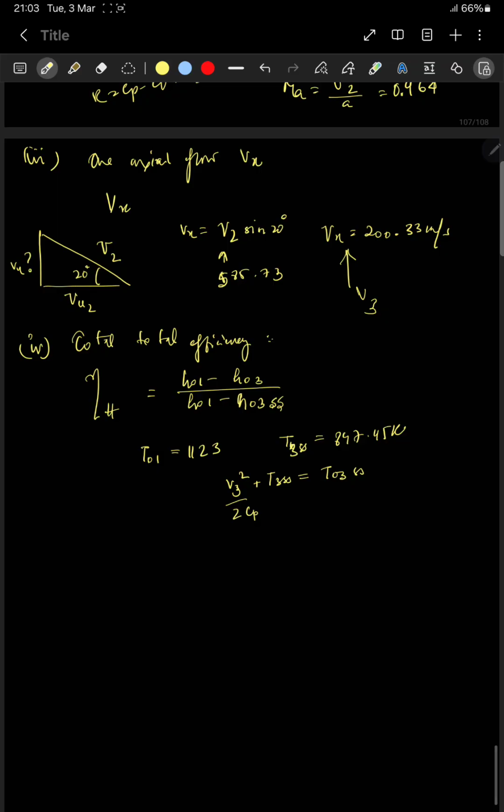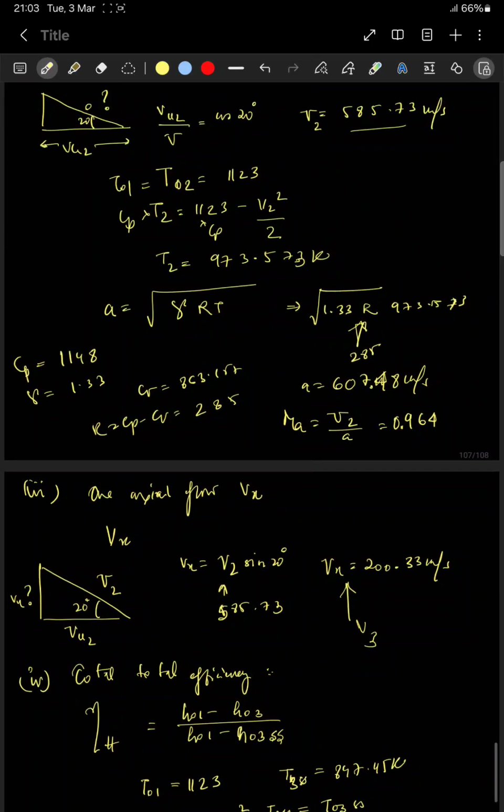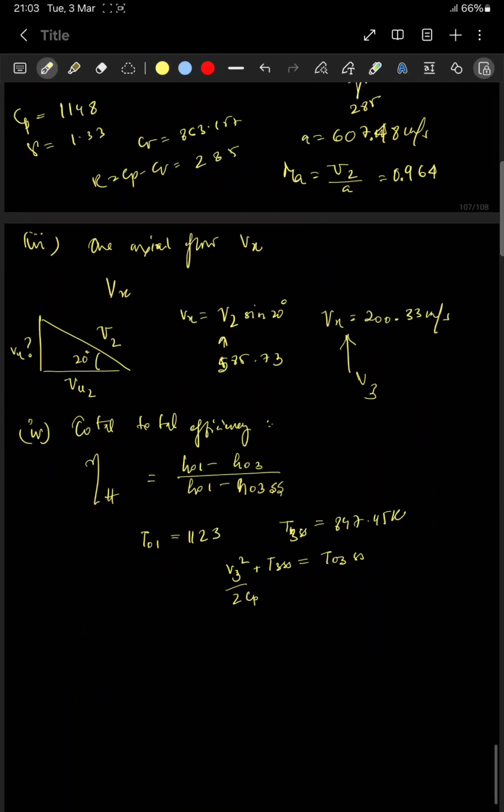So this divided by 2 divided by how much is Cp? 1148. So T03SS is 864.93 Kelvin. Okay.